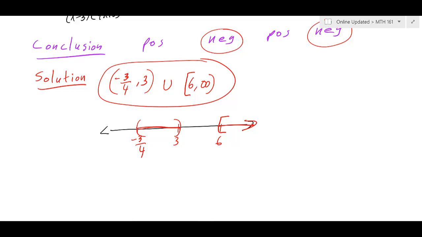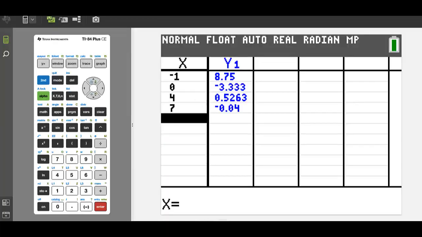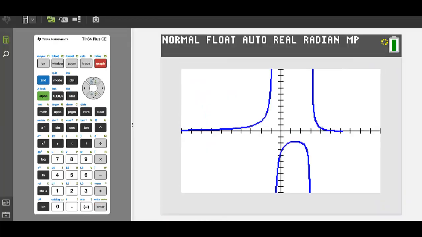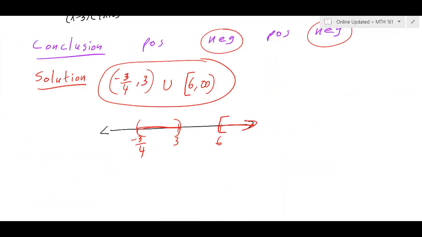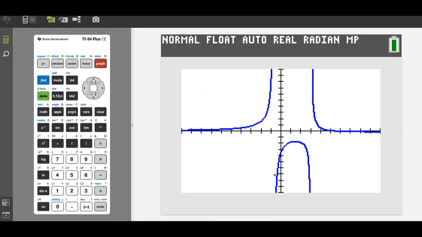Is the graph of this rational inequality below the x-axis within the two intervals? So if we go here and hit graph, we can see that the function is below, what did we say it was? Negative 3/4 to 3. Well, this is about a negative 3/4 here, all the way up to 1, 2, 3.